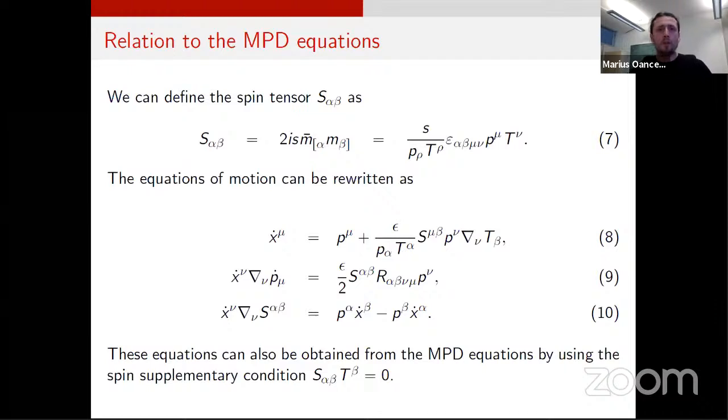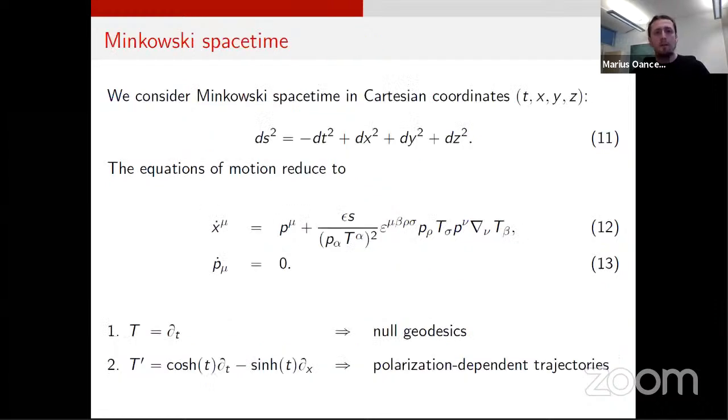Okay, so now let me go to an example, and hopefully this example will help clarify some of the things. Given the equations of motion, the most basic example that we can look at is Minkowski spacetime, where the equations simplify a bit. We have basically geodesic equations plus a correction term in the x dot equation, which explicitly depends on the choice of external time-like vector field t.